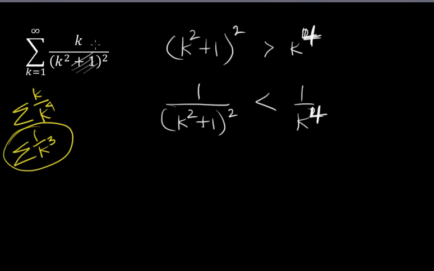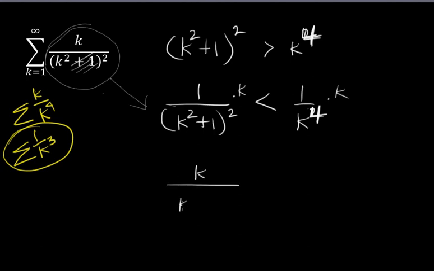Okay, so let's see. Let's multiply. We don't have this yet, and we want to have this right here. We have a sub k less than 1 over k cubed, hopefully. Well, let's multiply both sides by k. K is positive, so I can multiply both sides without reversing the inequality sign.